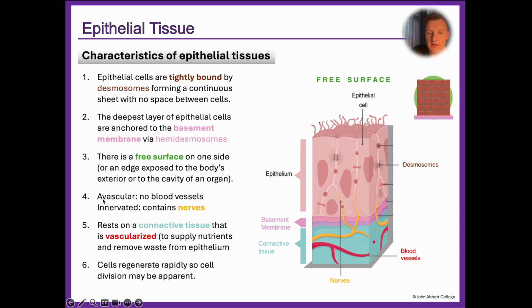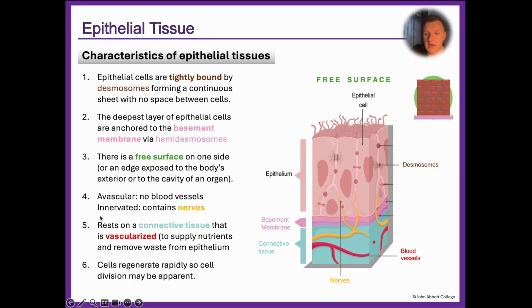So what does vascular mean? Vasculature, right? Vessels, it sounds like, right? Avascular means no blood vessels. So if you look in here, you see all the blood vessels below in this connective tissue, but not up here in this epithelial tissue, right? You see blood vessels down here, however. So avascular means that there's no blood vessels. You never find blood vessels in an epithelium.